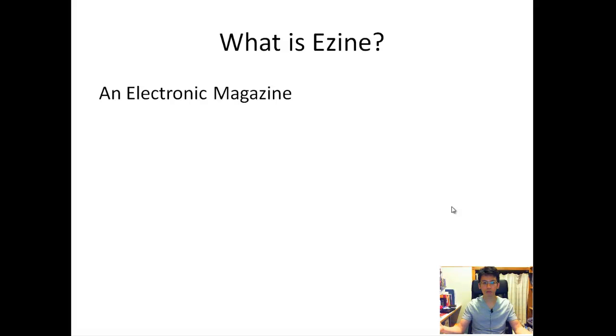So some of you may not know what an e-zine is. An e-zine is an electronic magazine that is published on the internet. It's just like an actual magazine, but a virtual one on the internet, and most of them publish their information maybe once a week or once a month, so they run just like real magazines.